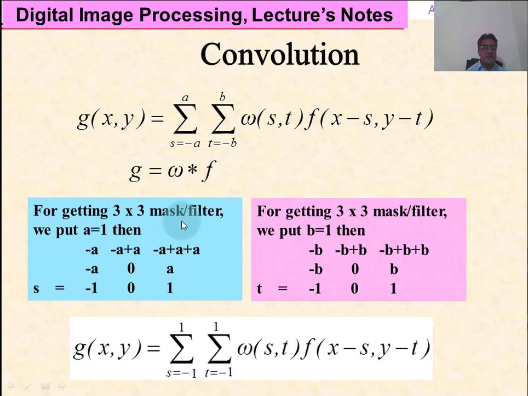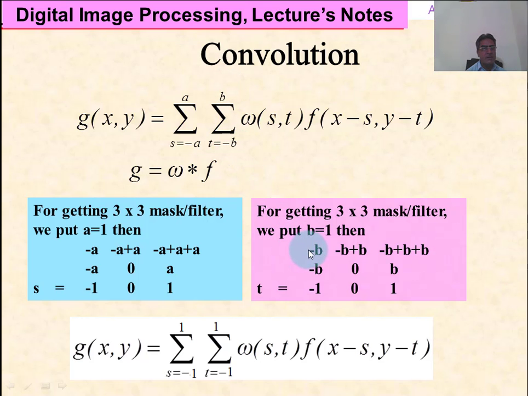For getting a 3x3 mask filter, we put a is equal to 1. Then s is equal to -1 to 1, and if we put b is equal to 1, then t goes from -b to b.